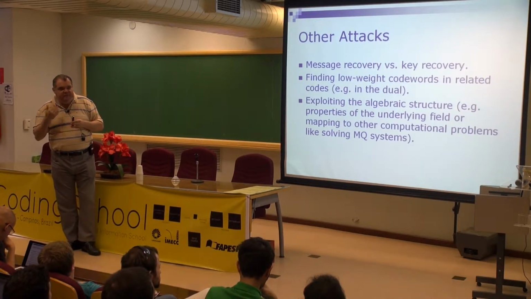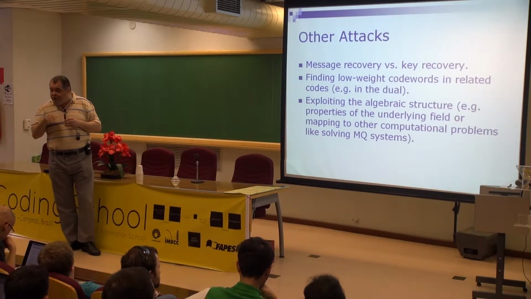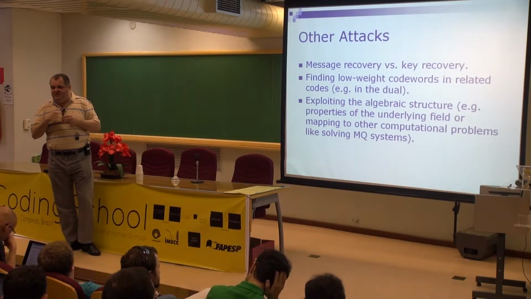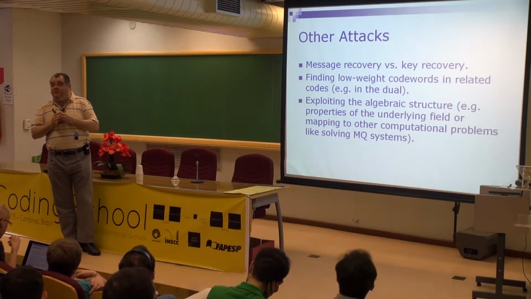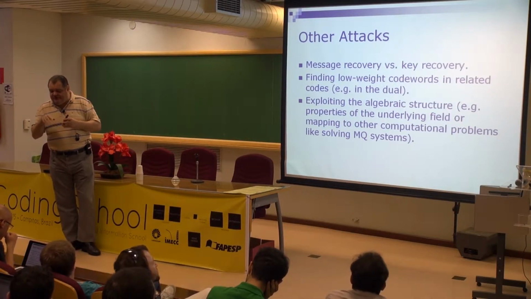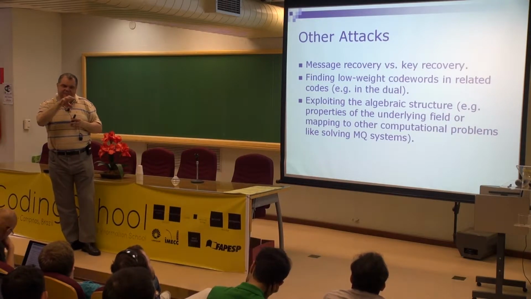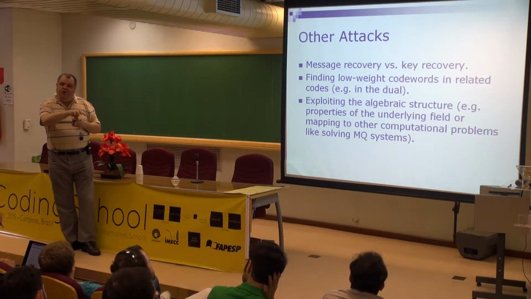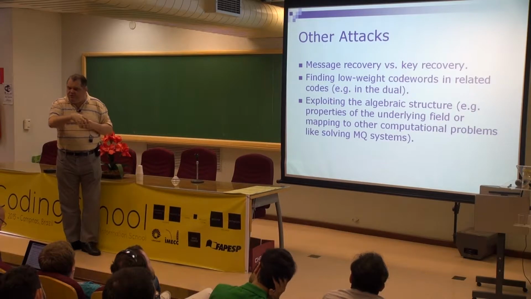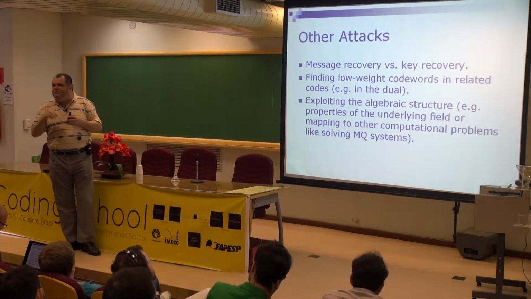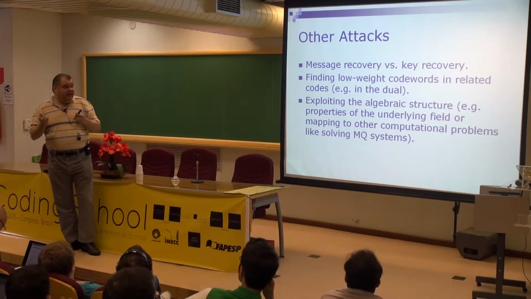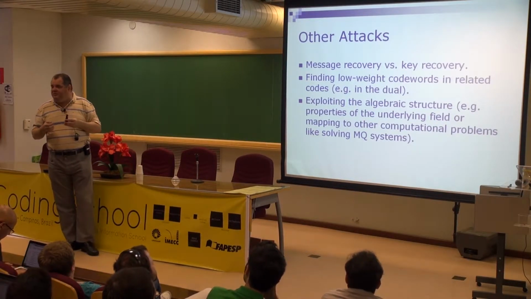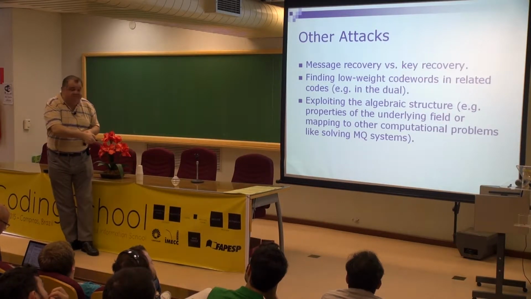If we choose an algebraic code to be the basis of our cryptosystem, it's possible that we can map the problem of recovering the trapdoor to some seemingly unrelated computational problem, like solving systems of nonlinear equations, multivariate quadratic equations.